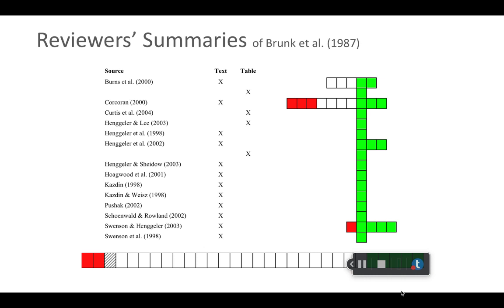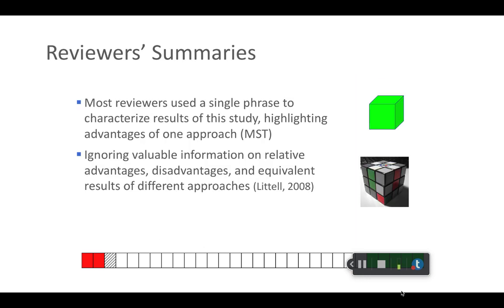And that is not the whole story. So what we have is a single phrase used to characterize the results of this study, highlighting the advantages of one approach. And this ignores valuable information on the relative advantages, disadvantages, and equivalent results of these two different approaches. So we've lost a lot of really important information here.